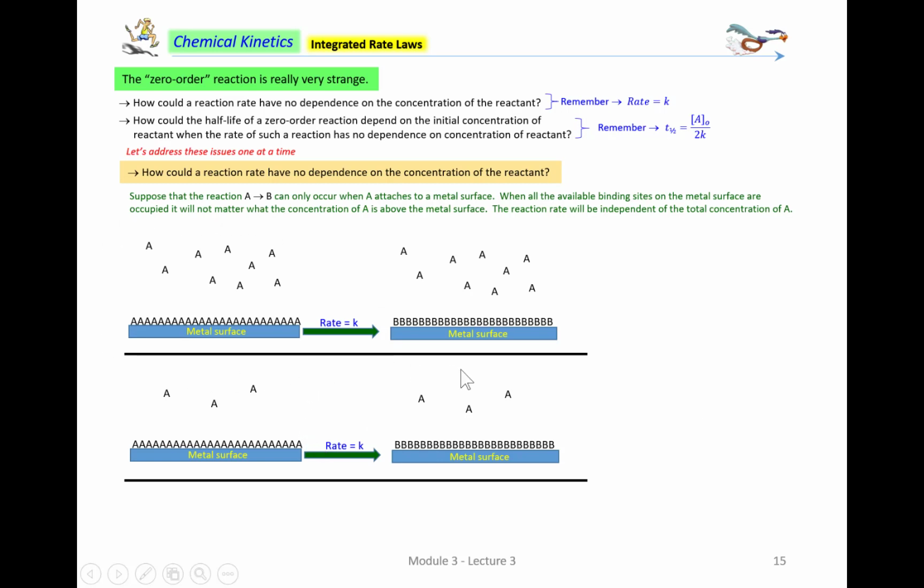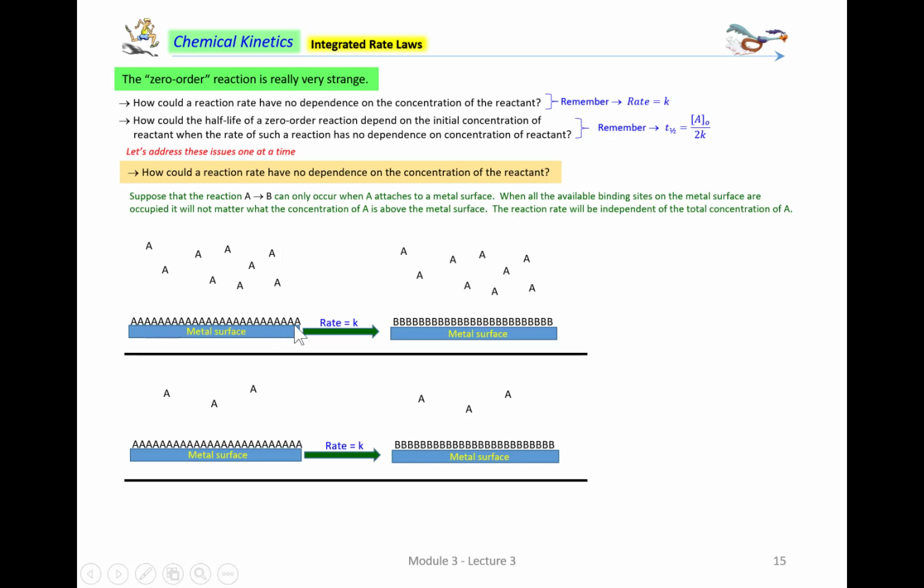What we have here is a lot of A approaching a metal surface, and A attaches to the metal surface, and you'll notice that all the sites are taken. So all of these A's are hanging around because these sites are all taken.